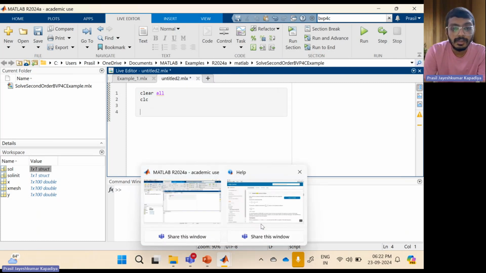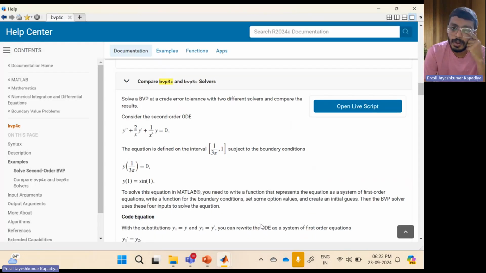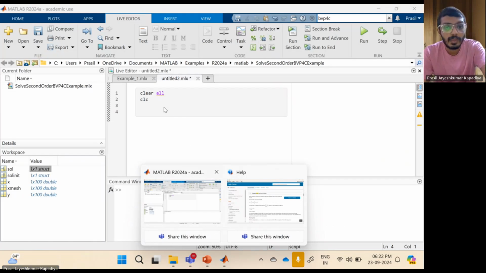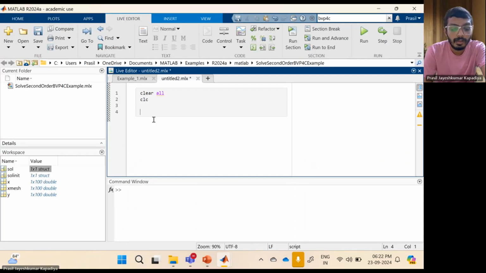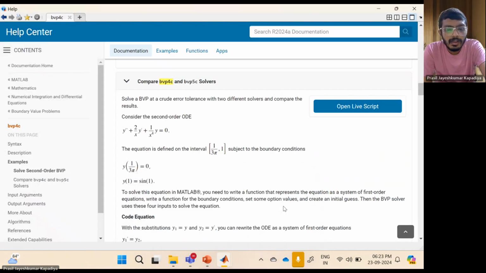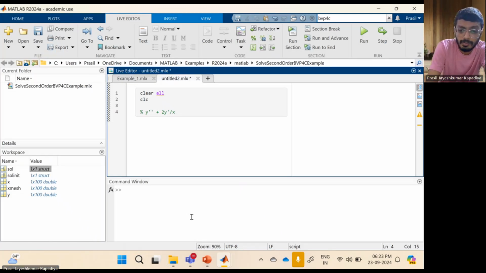Our equation is y double prime plus 2y prime divided by x plus y divided by x raised to 4 is equal to 0. Let me add it as a comment. This is our equation.